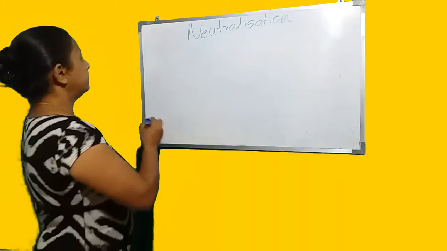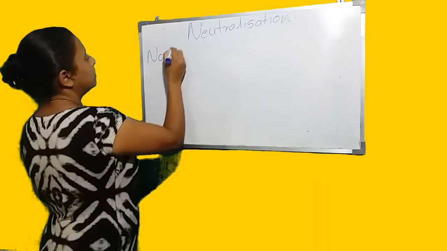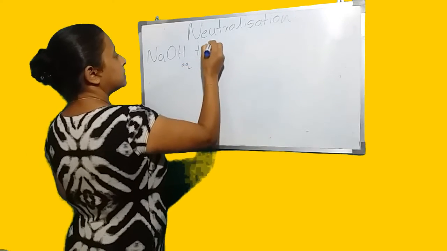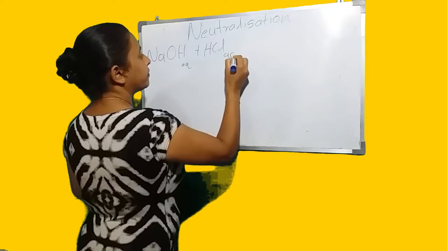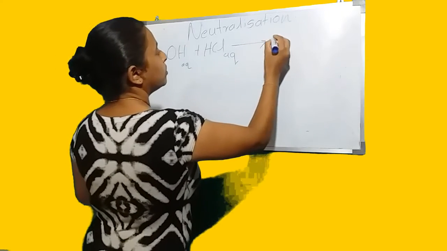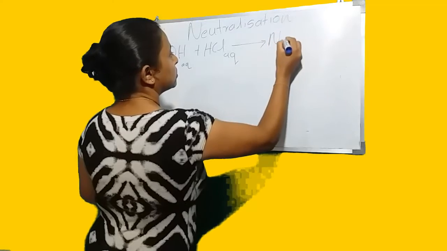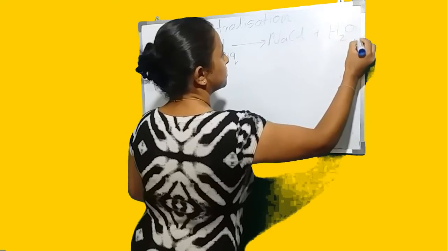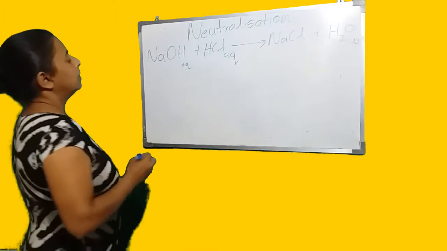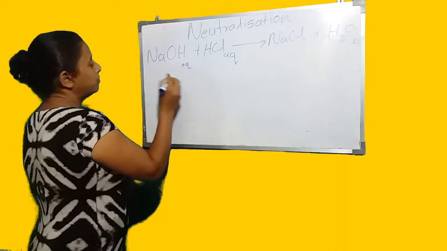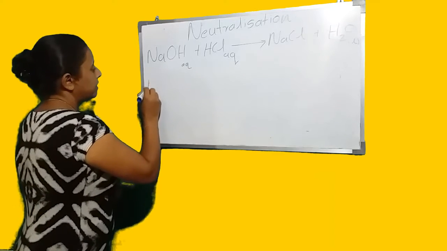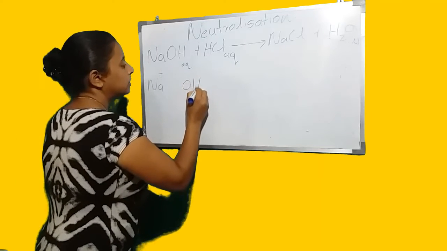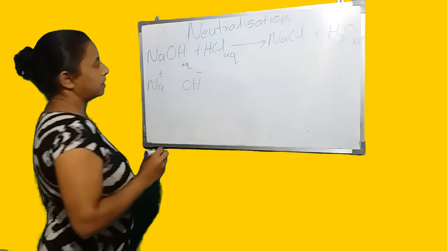In this reaction, sodium hydroxide and HCl form sodium chloride and water. Right? In this reaction, sodium hydroxide ionizes as sodium plus ion and OH hydroxyl minus ion.